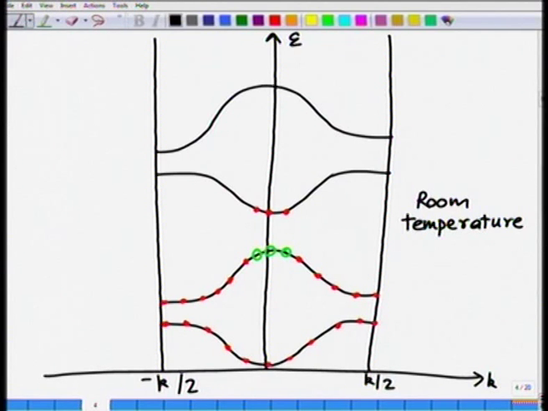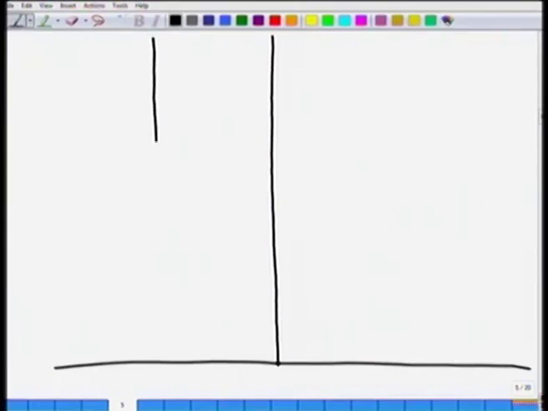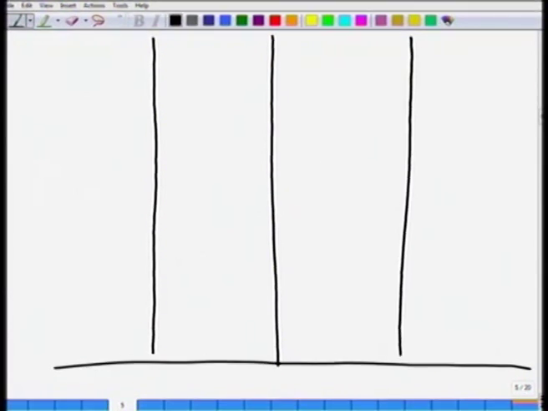Now, suppose I apply an electric field and ask how the conduction will happen. For that, let me draw another, third picture also. Exactly similarly, let me draw the third picture. This is K by 2, minus K by 2, 0, and on top of that now I am imposing an electric field.